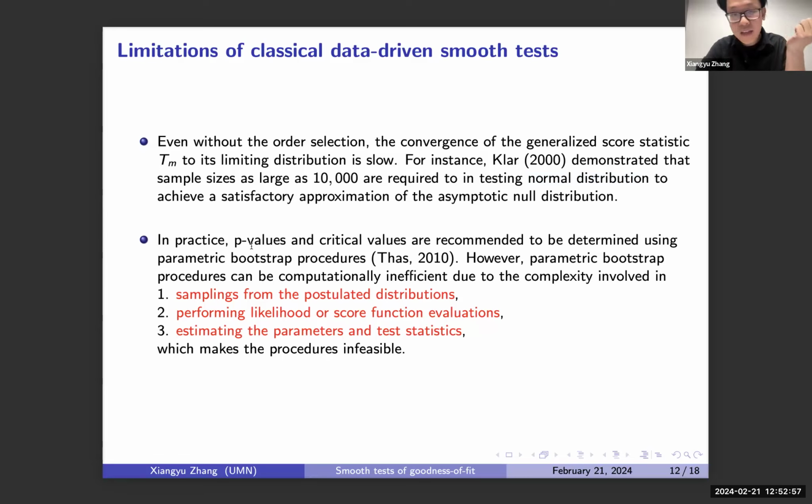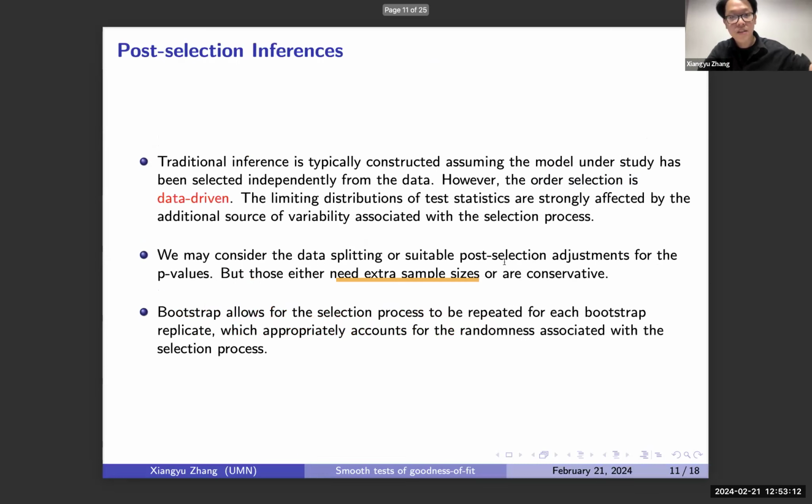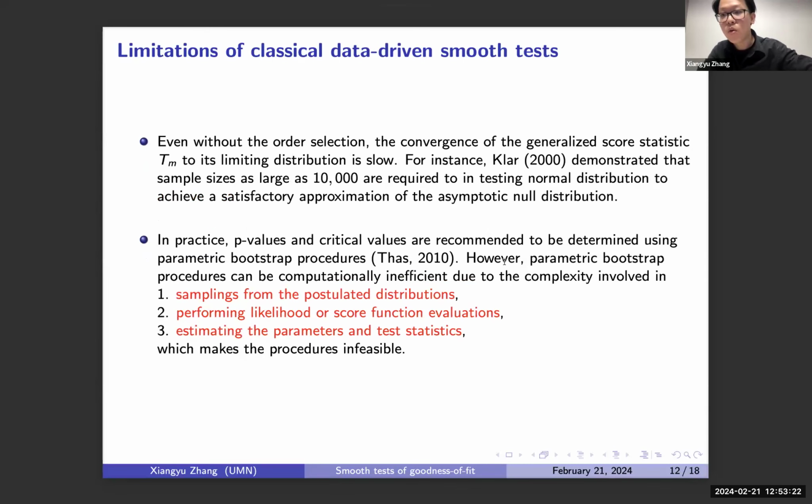Therefore, in practice, the p-values and the critical values are both recommended to be determined using parametric bootstrap procedures. As we said, the parametric bootstrap procedure can also handle the post-selection inference problem. So it seems a desirable way to solve both the post-selection inference problem and this slow convergence problem.